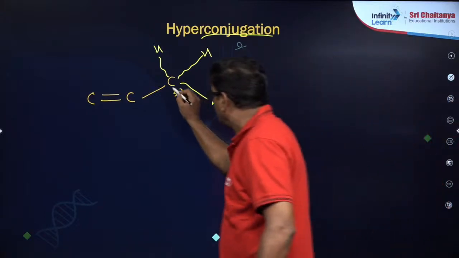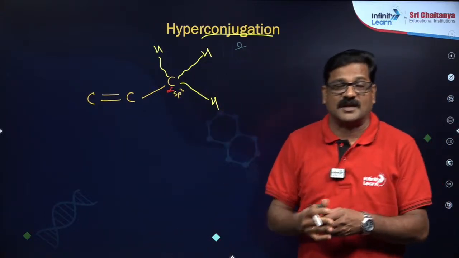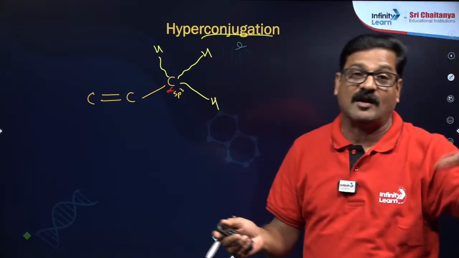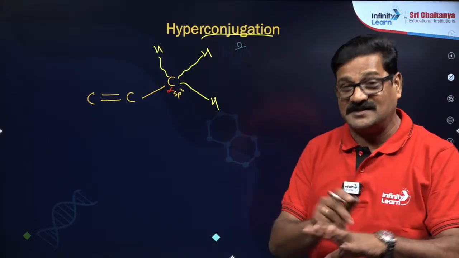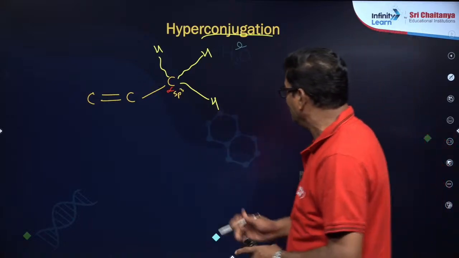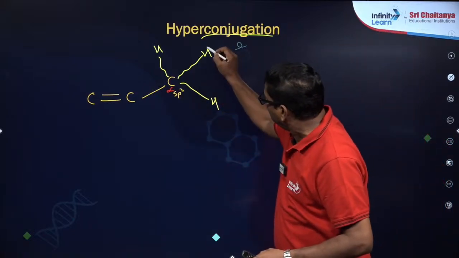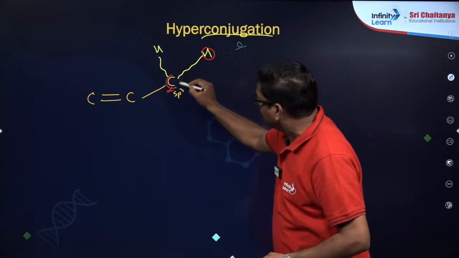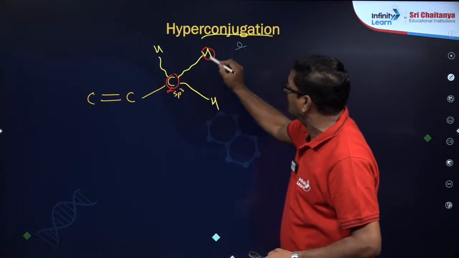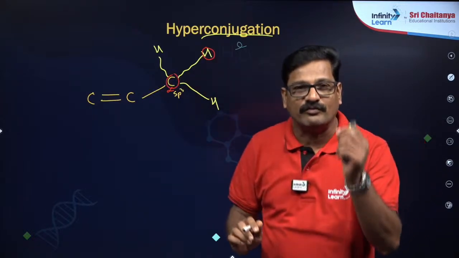Hyperconjugation seems a very complicated concept, but I am going to give you this concept as simply as possible. This is the hydrogen, a small atom. The bond between this carbon and hydrogen is so weak.